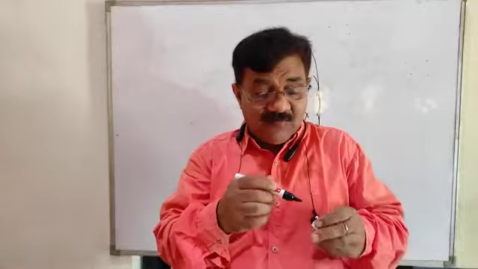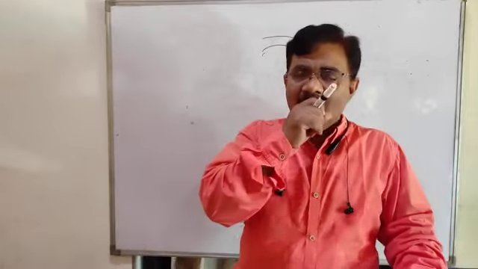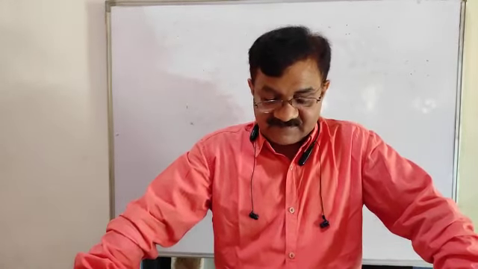So that movement in the esophagus, the rhythmic contraction and relaxation of the muscles of the esophagus, is called peristalsis. And dear children, throughout the gut, in our alimentary canal, this peristalsis movement takes place.